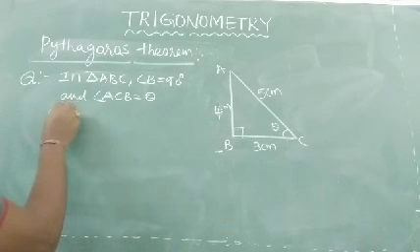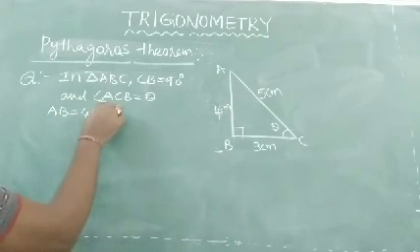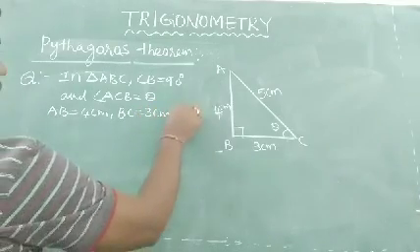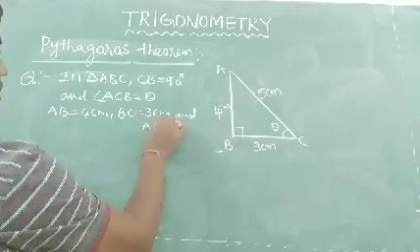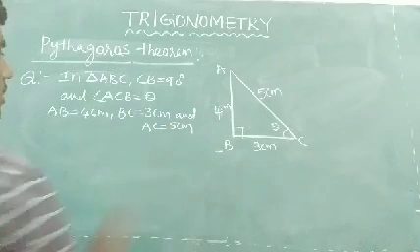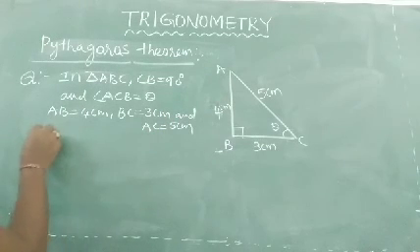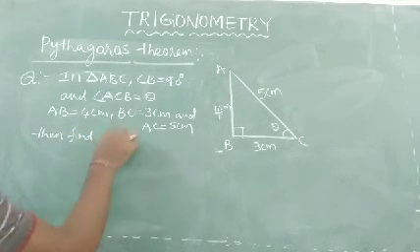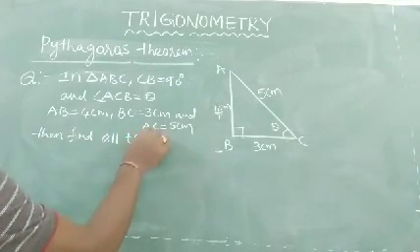AB length is given 4 centimeters, BC length is given 3 centimeters, and AC length is given 5 centimeters. Then find all trigonometric ratios.